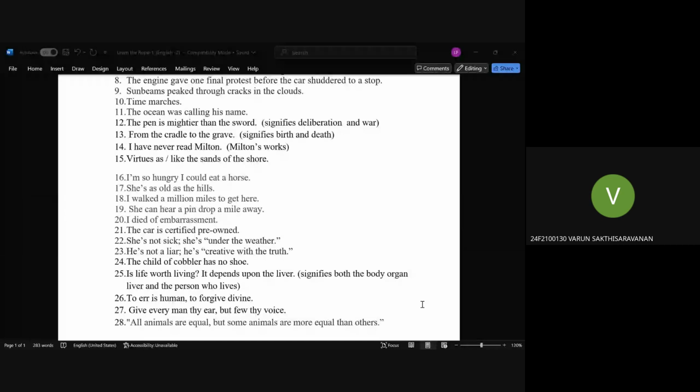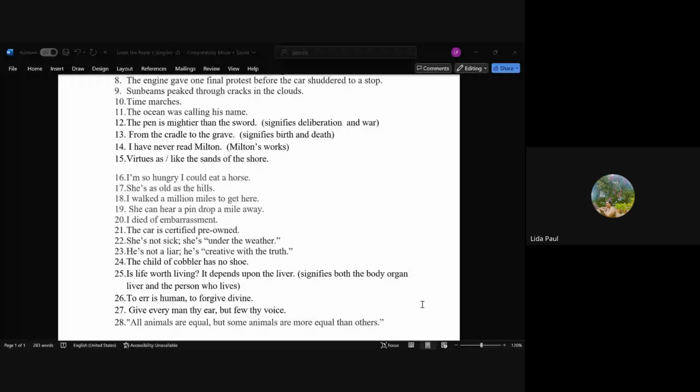Euphemism, right? Yes, euphemism. This is because you know that this could be something a bit unpleasant. So the car is certified pre-owned. Instead of directly referring to it as a second-hand car, you just alter the way you put it. You use a different set of words, which is more pleasant or a little less offensive.